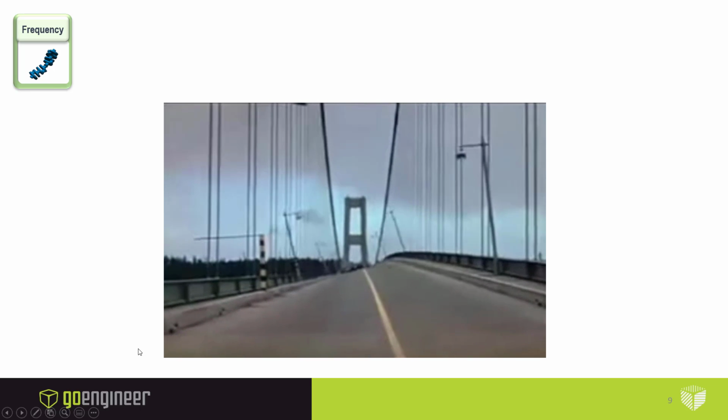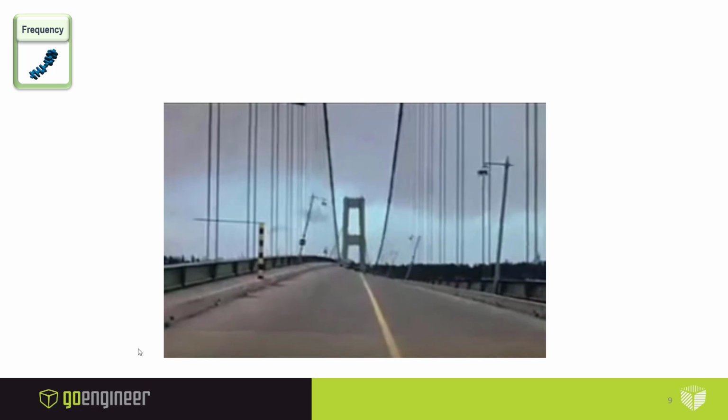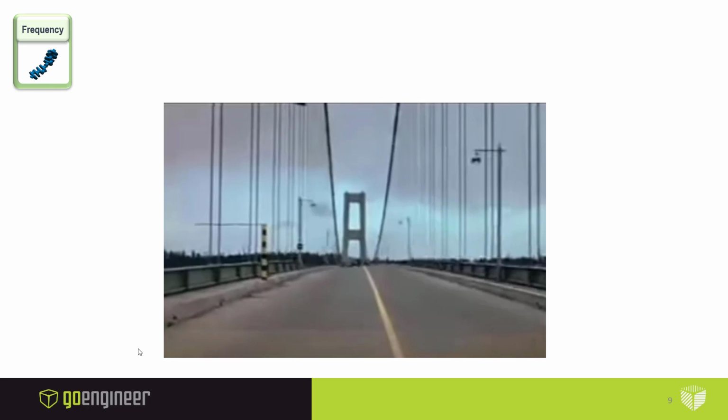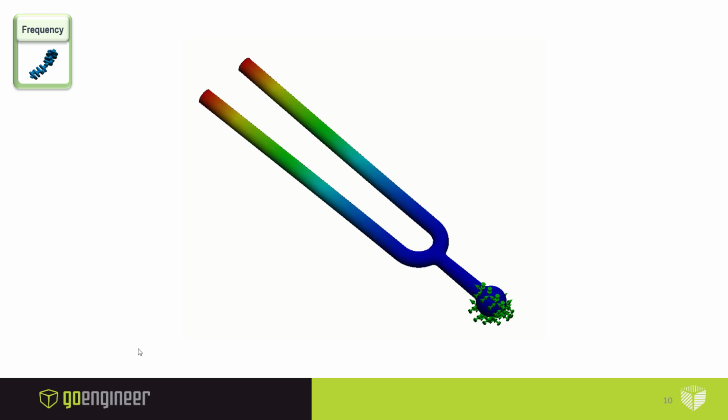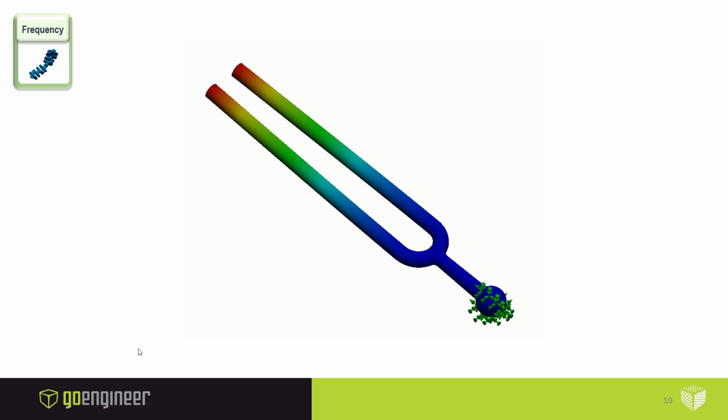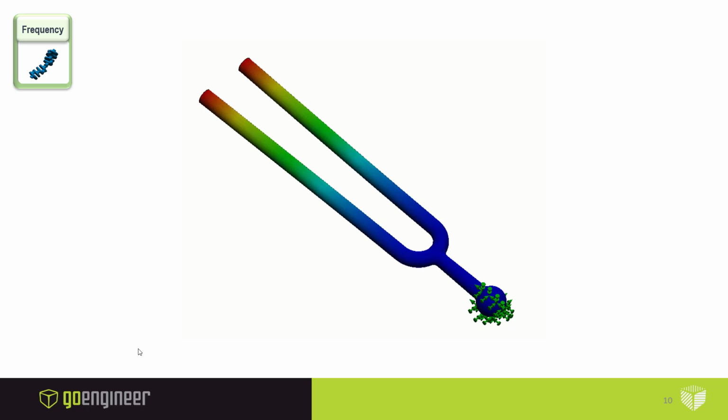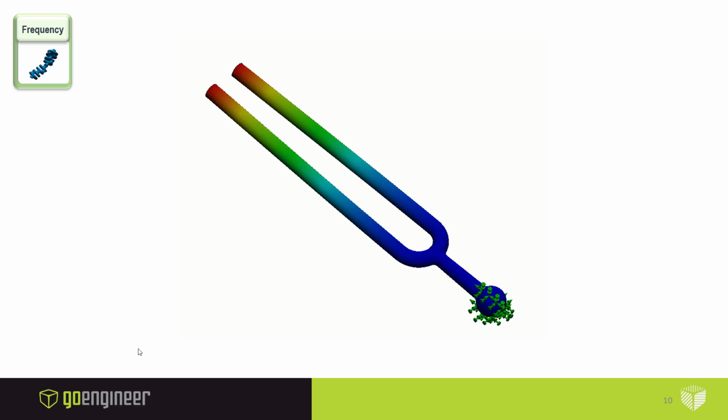It's one common example of where a vibration analysis can really help. The example I'm going to show you is something simple to get the idea down: a simple tuning fork. I want to calculate the resonant frequency of this tuning fork model.